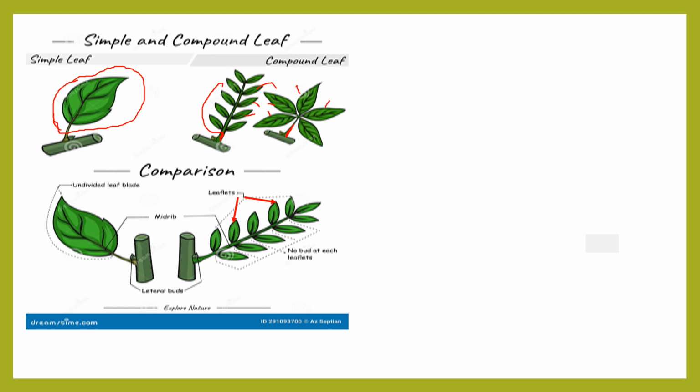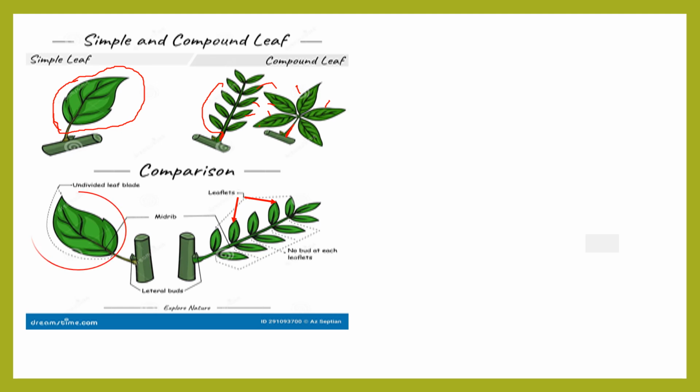All of these leaflets together are one leaf, but the blade is divided completely into leaflets, not partially, because in some simple leaves the blade is divided partially but not completely.